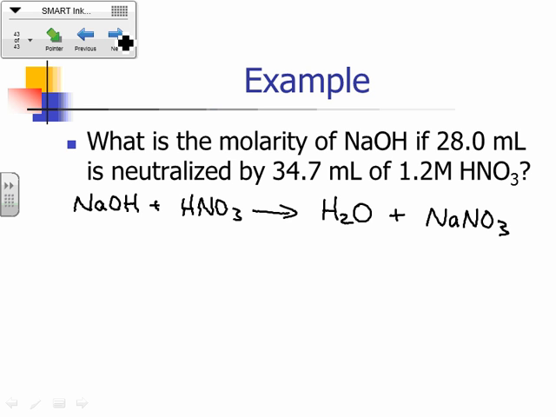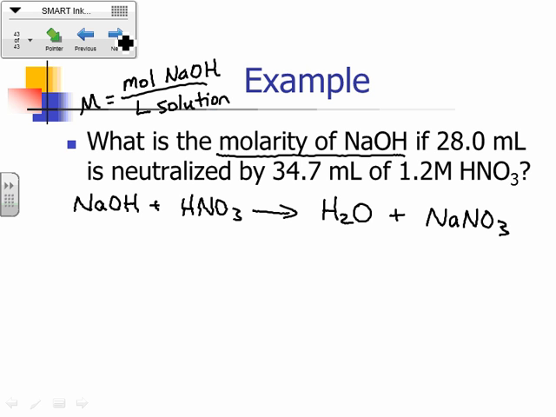All right, so we've got a balanced chemical equation. We're trying to figure out the molarity of NaOH. That's where we're trying to get to at the end, right? So molarity of NaOH, we'd need to know the moles of NaOH over the liters of solution, right? Does that make sense?